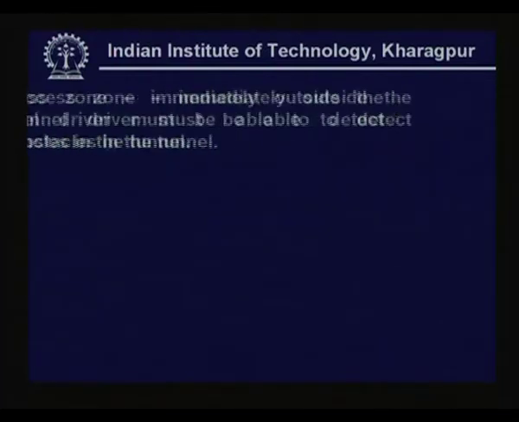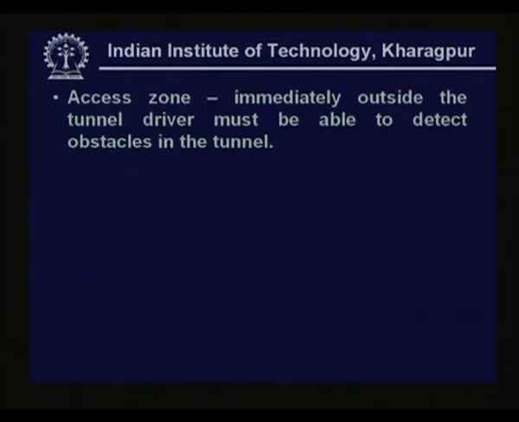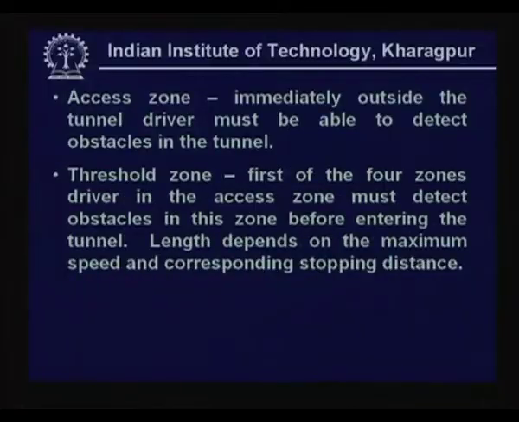If you see, the zone immediately outside the tunnel is what we call the access zone. Right away, when the driver is in this zone, he should be able to detect obstacles in the tunnel so that he does not enter the tunnel.